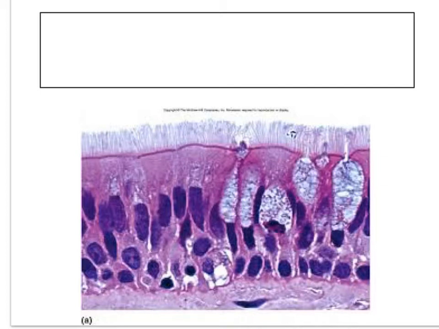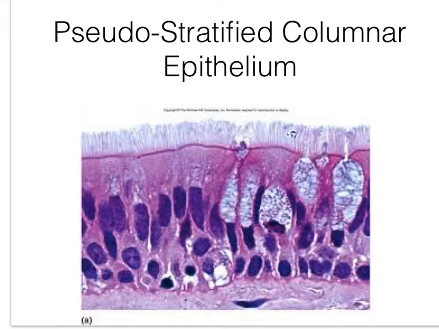Okay, so this is pseudo-stratified columnar epithelium, and you can tell that, first off, it's epithelium. You can see up here there is a ciliated border, so you know that it's facing a lumen, but you can also see the lumen up here. They're definitely columnar cells. They're not cuboidal or squamous.